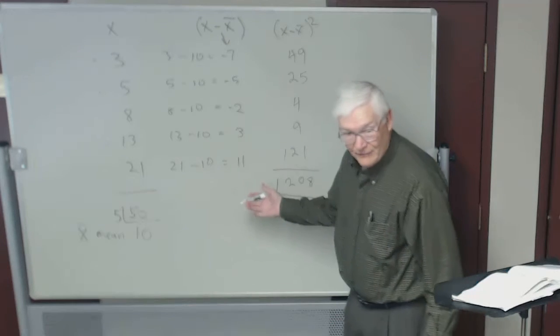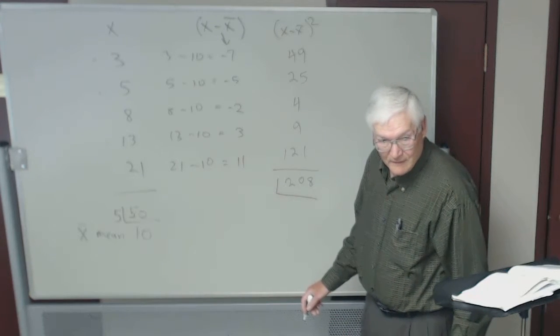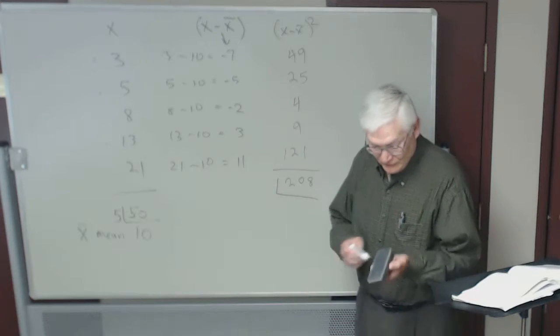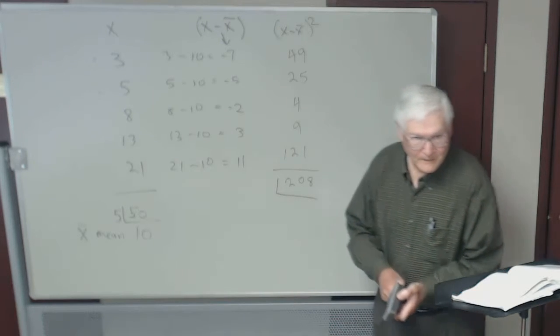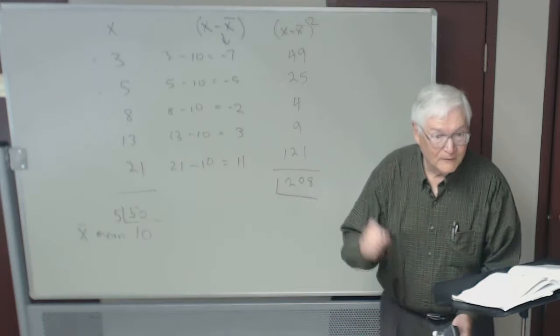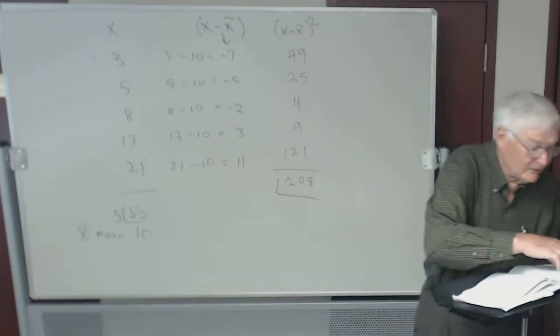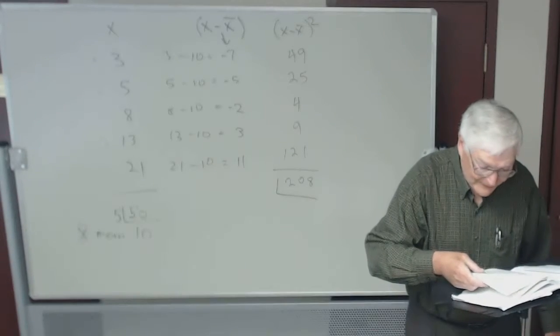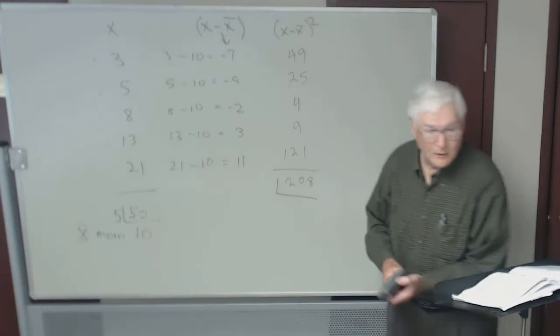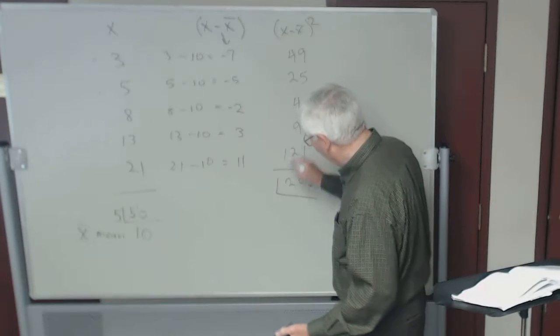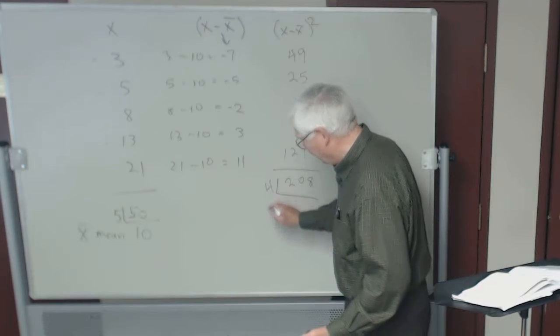But that's not what you use. It says n minus 1, but what's the n? The number of scores. Back on that page where the formula is, you divide by the number of scores minus 1. So you divide by 4.